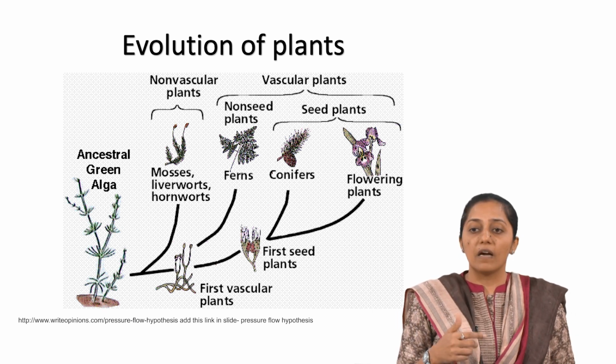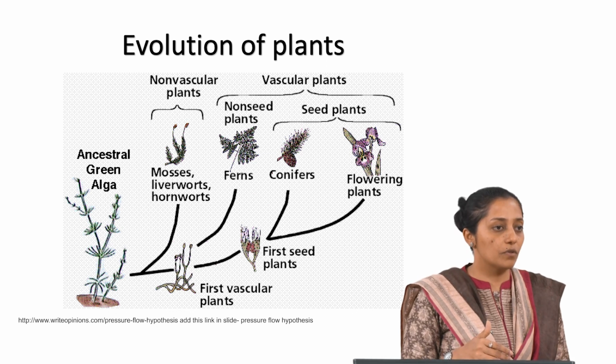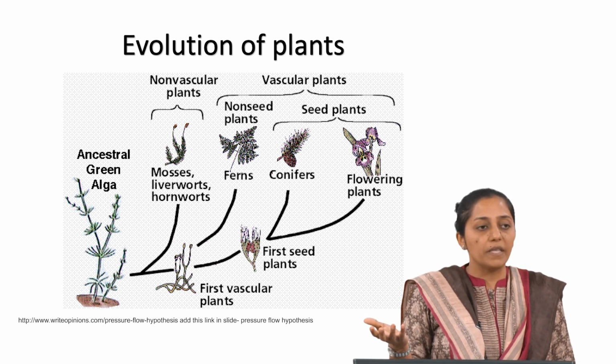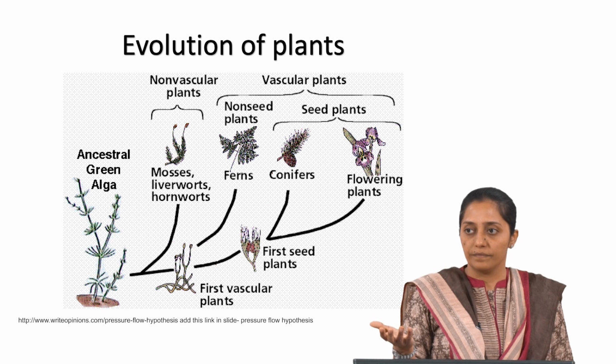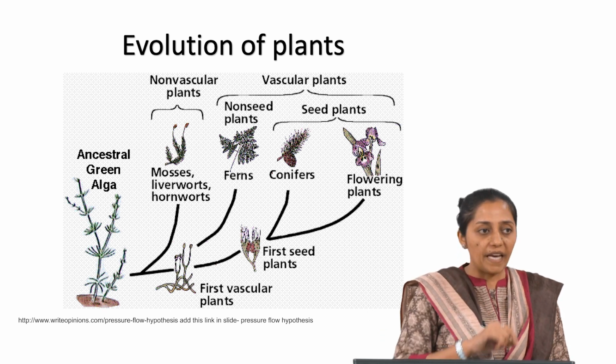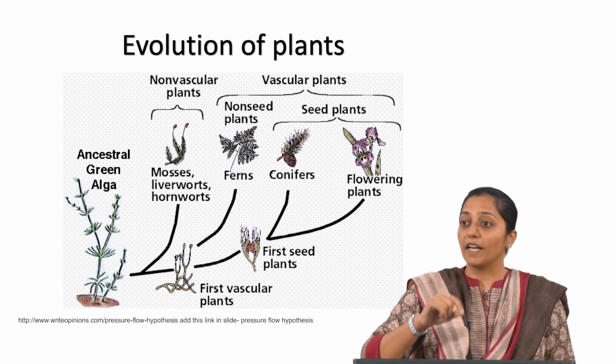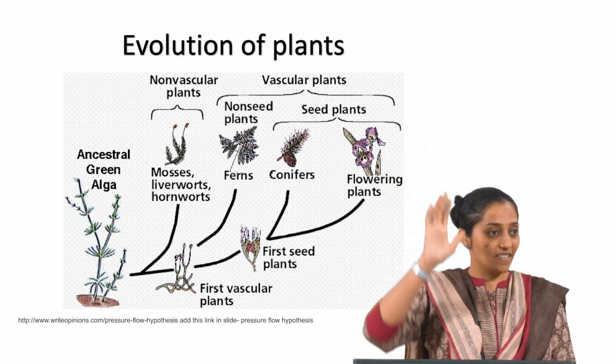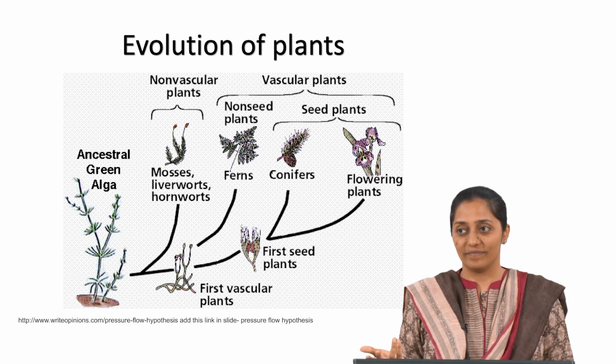So these plants, in order to survive, what would be the best way to survive? Because the vascular bundle is missing, the mechanism to transport water and minerals over long distances against gravity is missing.